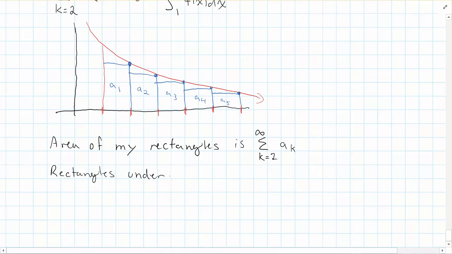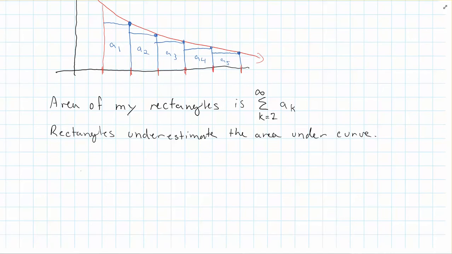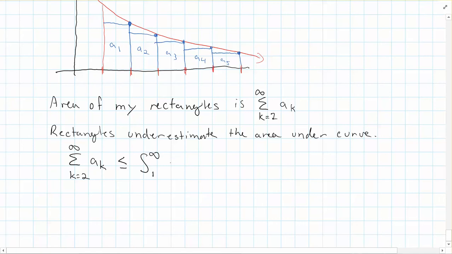So then we know that the sum from k equals 2 to infinity of a sub k is less than or equal to, and you can basically say less than, the integral from 1 to infinity of f of x dx.